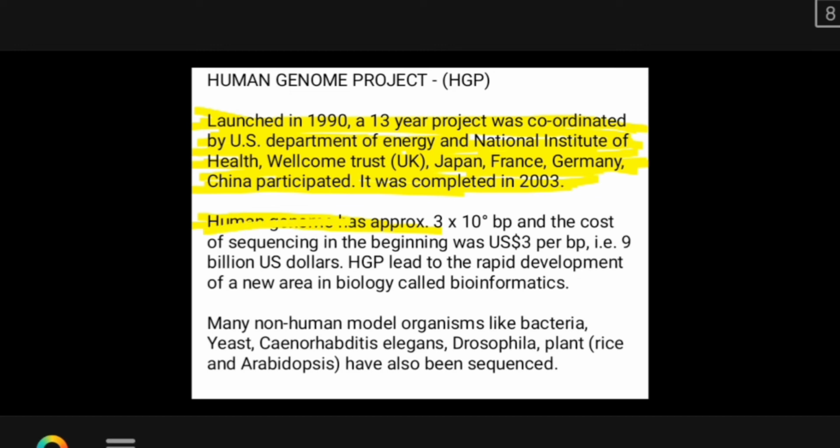Human genome has approximately 3 into 10 raised to 9 base pairs, that is around 3 billion base pairs. Actually it is 10 raised to 9, but here a printing mistake has occurred.